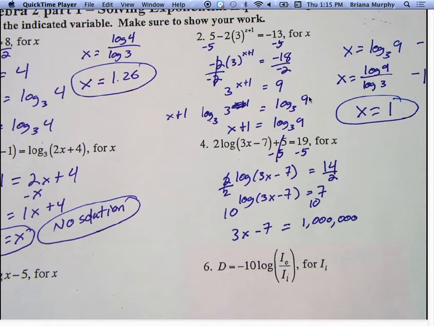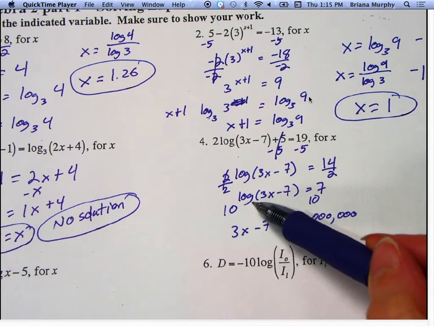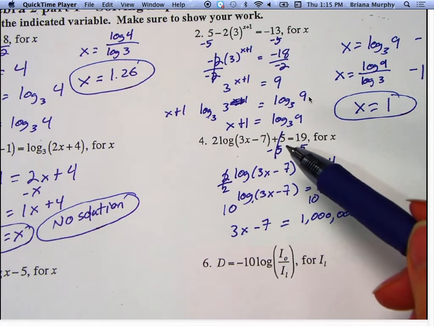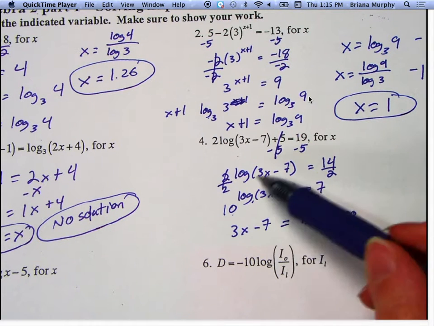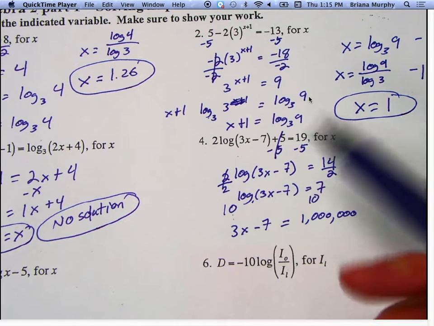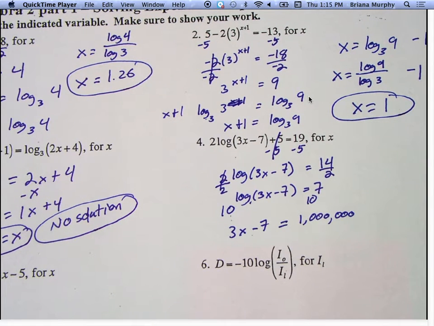Okay? So because the base of this log is 10, if I exponentialize it to 10, so if I take 10 to that whole thing, base 10 log to the 10th gives me 1. So it gets rid of all that, and I'm just left with 3x minus 7.